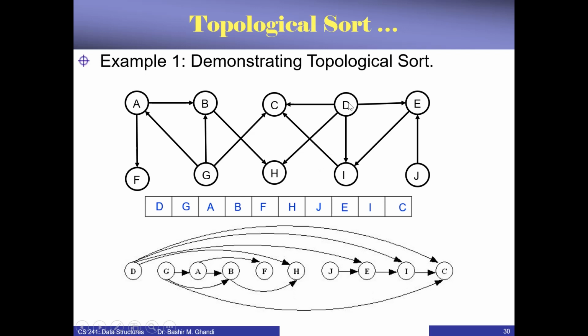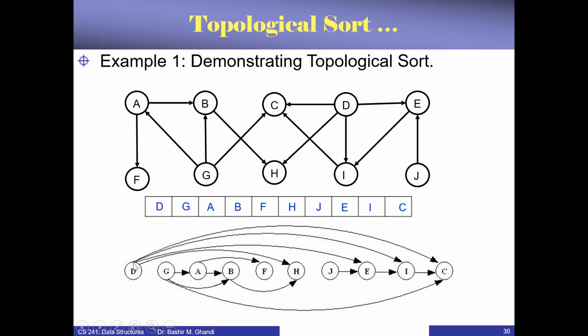Okay. D, however, has 4 emanating edges, so you have to draw an arrows from D. Where is D? Here is the first one actually, because it has no in degree.